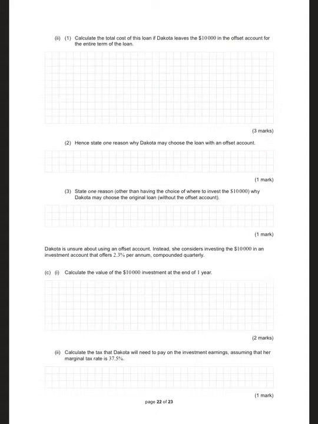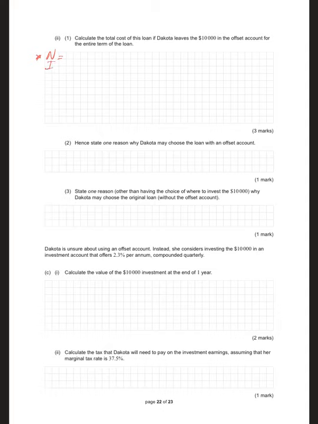Okay. Next page. Calculate the total cost of this loan if Dakota leaves 10 grand in the offset account for the entire term of the loan. So she's got this offset in for the life of the loan. So instead of a 350 grand loan, she's paying for a 340 grand loan with her established repayments.